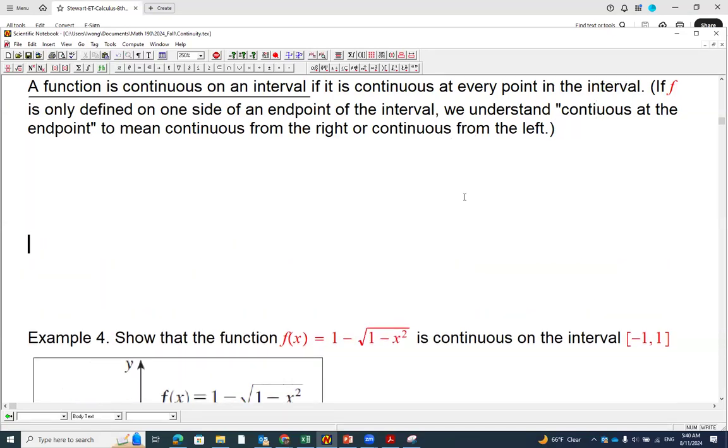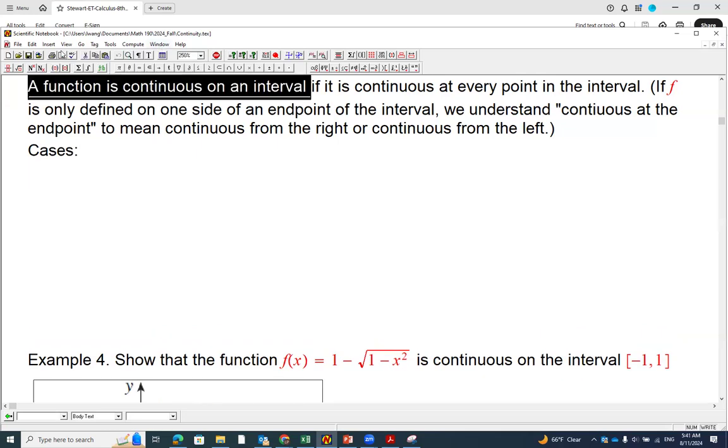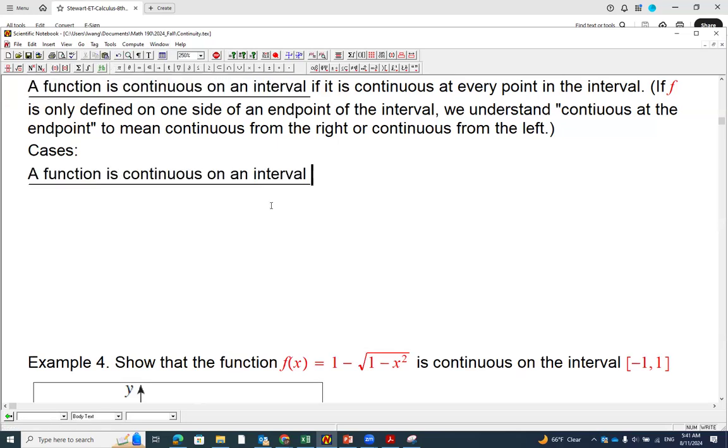Before we do example number 4, to illustrate this, these are the cases. If we say a function is continuous on an interval, the interval could be like this, a comma b. This kind of interval we call an open interval. An open interval does not include a or b themselves.